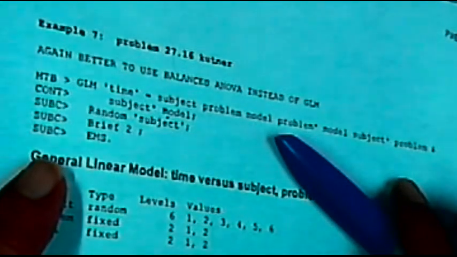So with the data laid out like this, I typed it into Minitab and used this command.